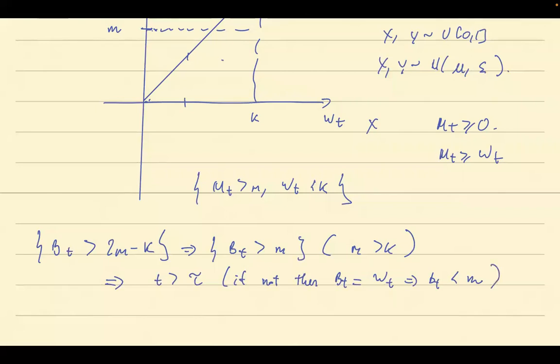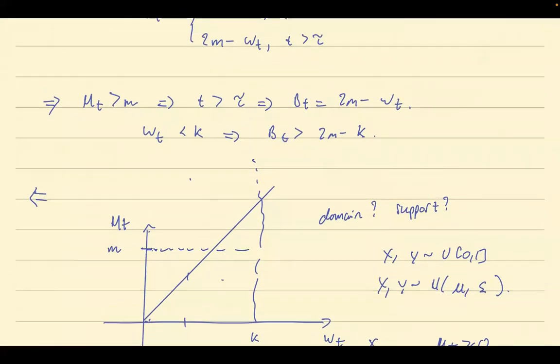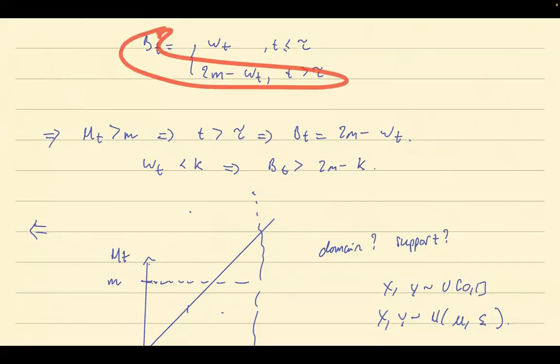So that's it, right? Because if T is bigger than tau, then we establish that if we pass the event horizon, then the max must have crossed M. And because WT takes on this form, WT must be less than 2M minus K.